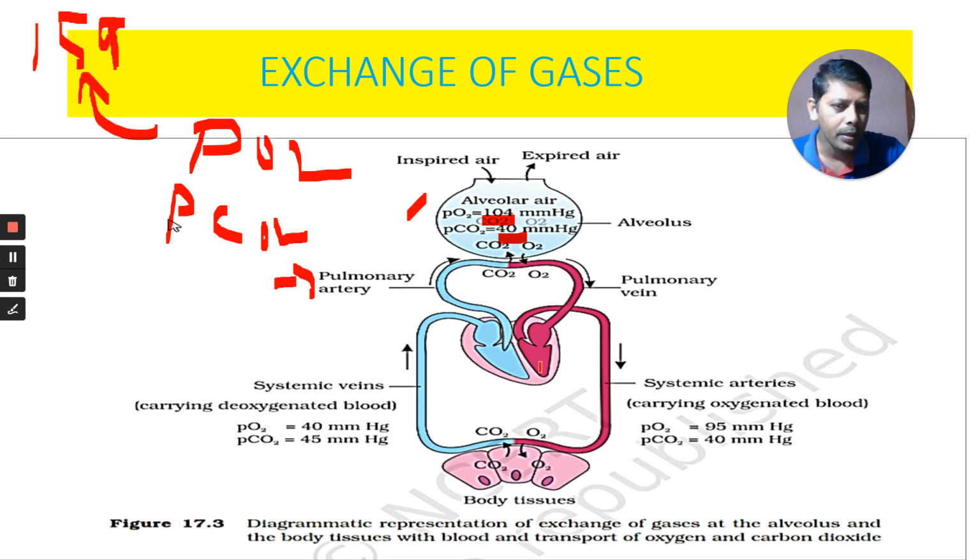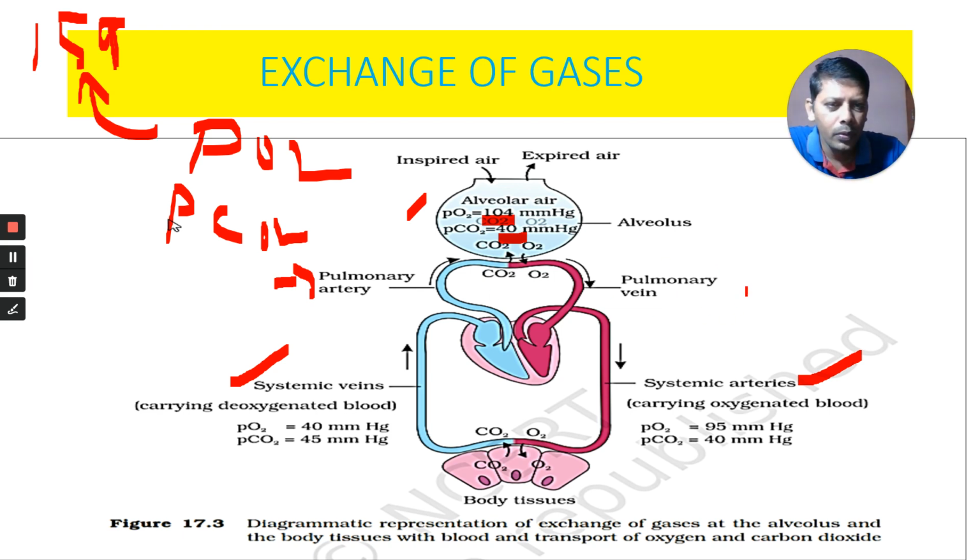From the left atrium, the blood comes to the left ventricle, and through the left ventricle it goes to the systemic circulation. Through the systemic capillaries, oxygen is taken by the cells in the tissues, and then blood comes back through the systemic veins and is finally released into the right atrium. From the right atrium to the right ventricle, it is pumped through the pulmonary artery to the lungs.